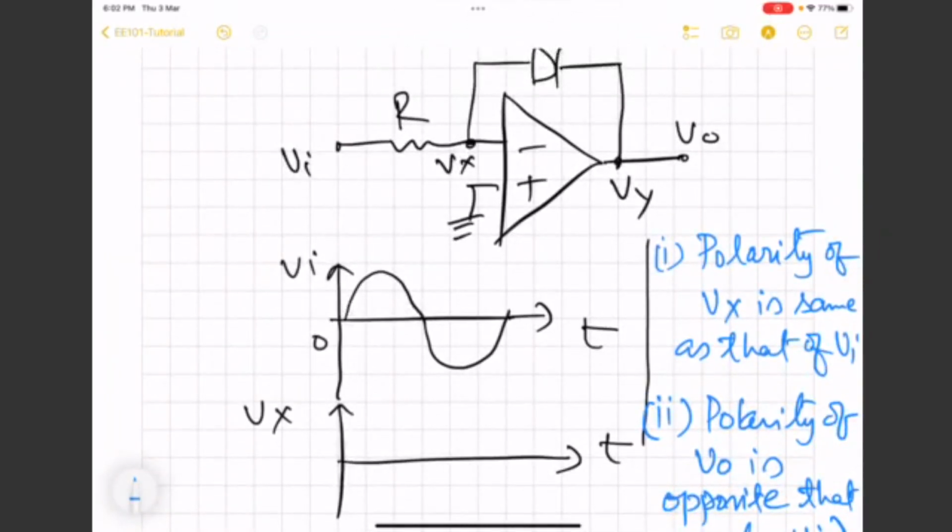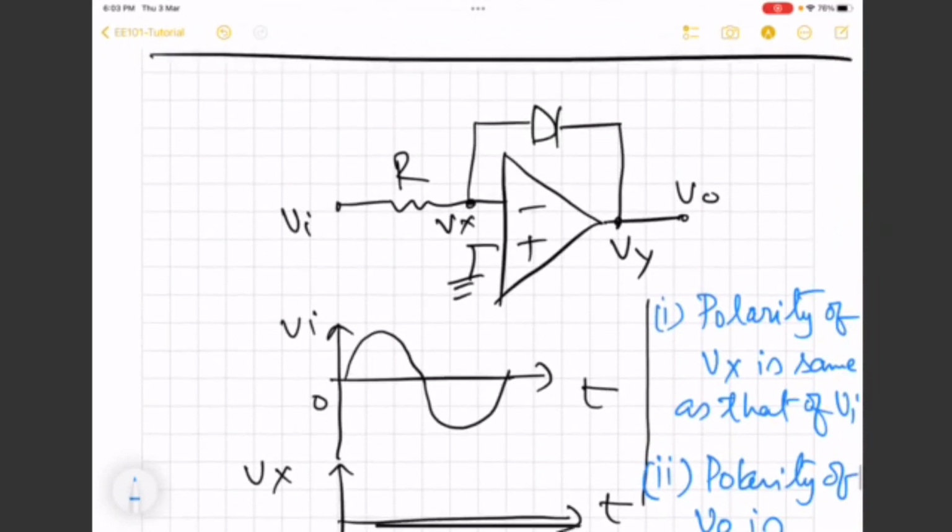So choose the polarity of Vi, find out the polarity of Vx, which will be same, and the polarity of Vy is going to be reverse of that, opposite of that. So based on that, you can find out the polarity of voltage across diode. If the polarity is forward bias positive, then diode can be taken as forward bias and substituted by a short circuit or maybe 0.7 volt source.